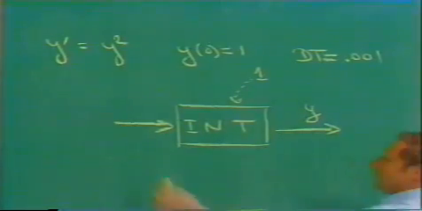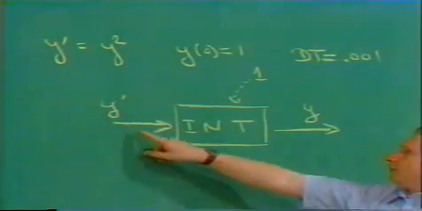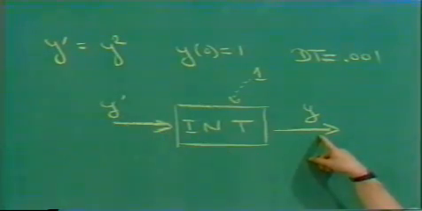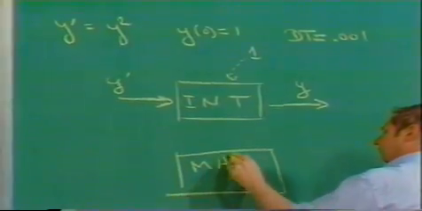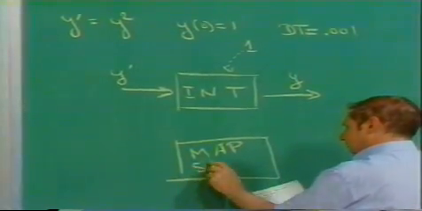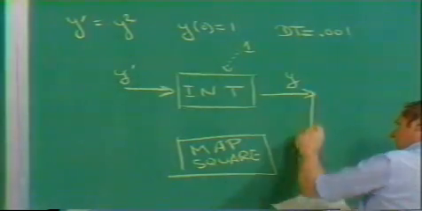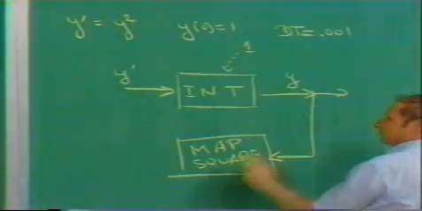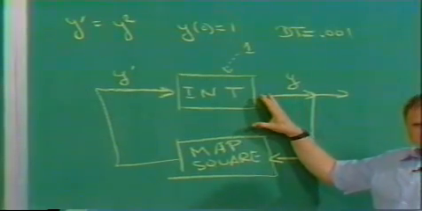And what we're going to feed in is the derivative, and the derivative is supposed to be the square of the answer. So if we take these values and map using square, and if I feed this around, that's the little block diagram for an analog computer that solves this differential equation.